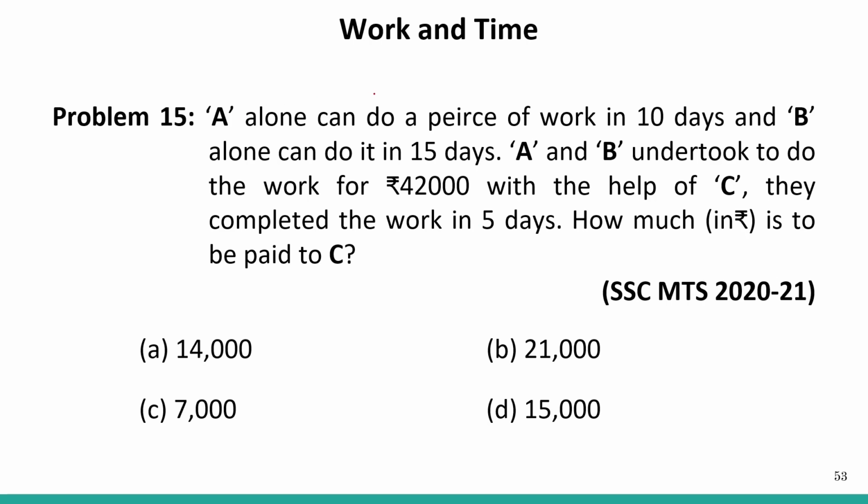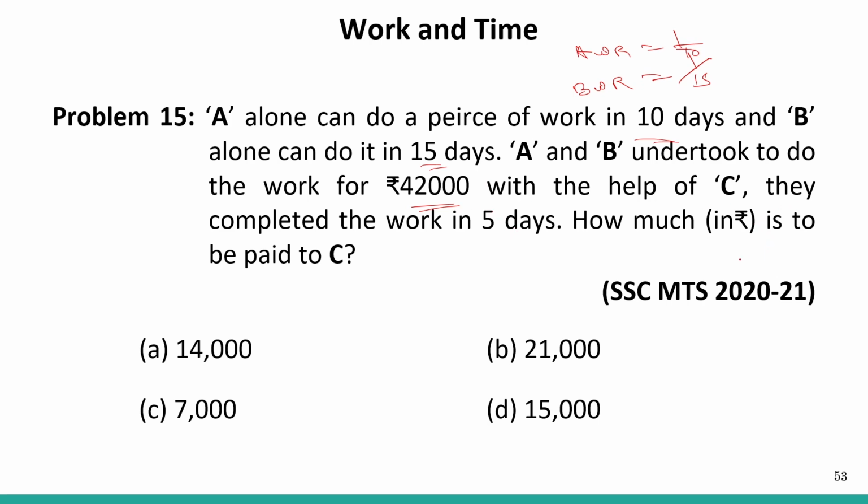So A alone can do a piece of work in 10 days, and B alone can do it in 15 days. So A's work rate is equal to 1 by 10 and B's work rate is equal to 1 by 15. A and B undertook to do the work for 42,000 rupees with the help of C. They completed the work in 5 days.